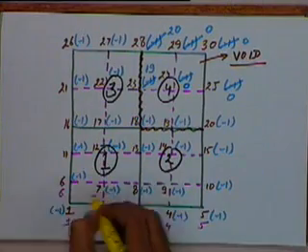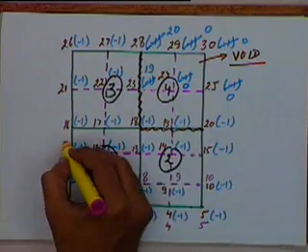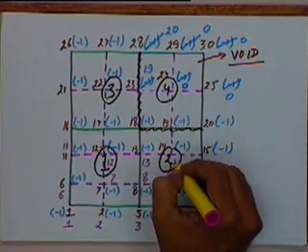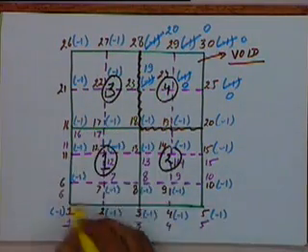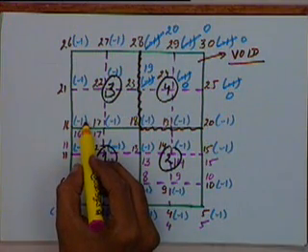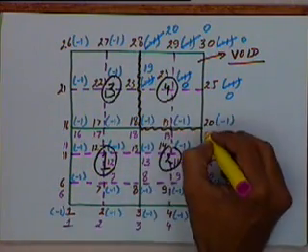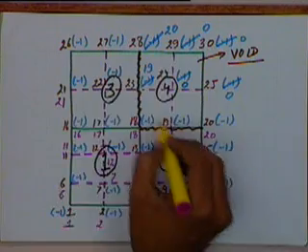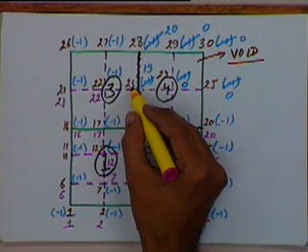This will become 6, this one 7, 8, 9, 10, similarly 11, 12, 13, 14, 15, 16, 17. For all these nodes right now the label which I have written in blue is negative, so the node numbers will remain the same for all of them, 19, 20. Here also the label is negative, this will become 21. Here also the label is negative, this will become 22, but here the label is not negative.